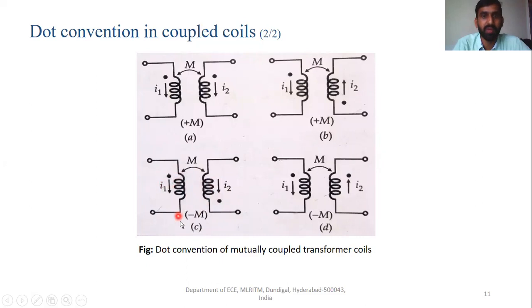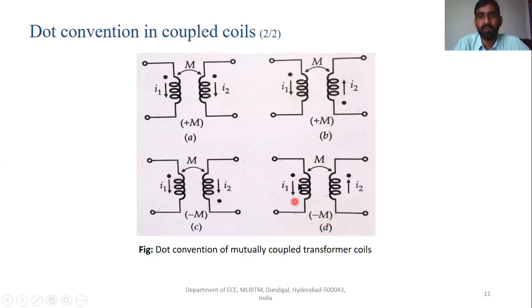And that is the reason why we are having the negative mutual inductance. The voltage induced here is going to be negative, right? The mutual inductance is going to be negative, right?